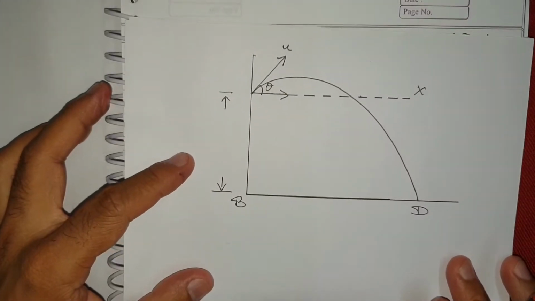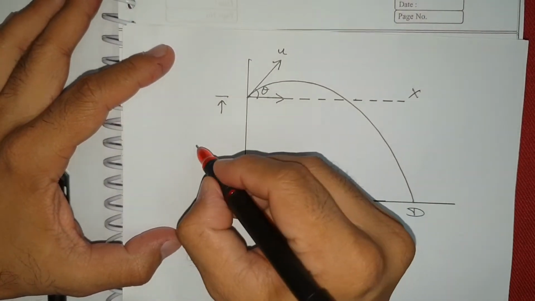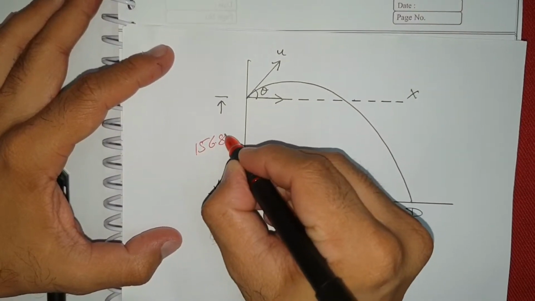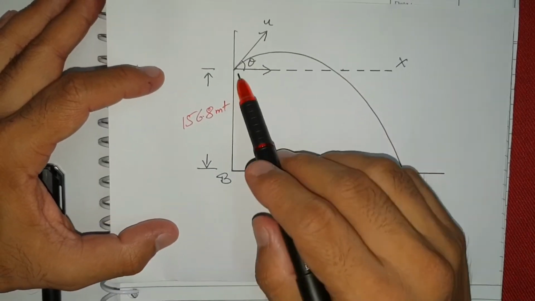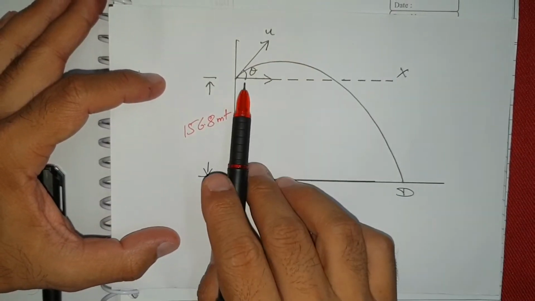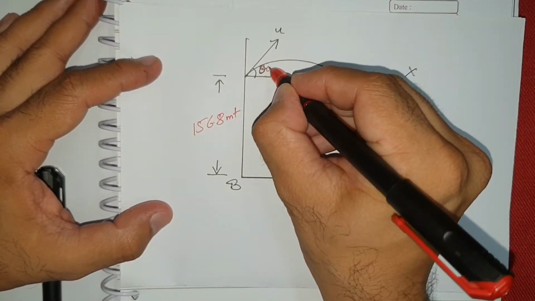So, this is the diagram. This is the tower. Tower height is 156.8 meter. Now this ball is thrown up, making an angle theta. Actually, the angle theta is 30 degree.